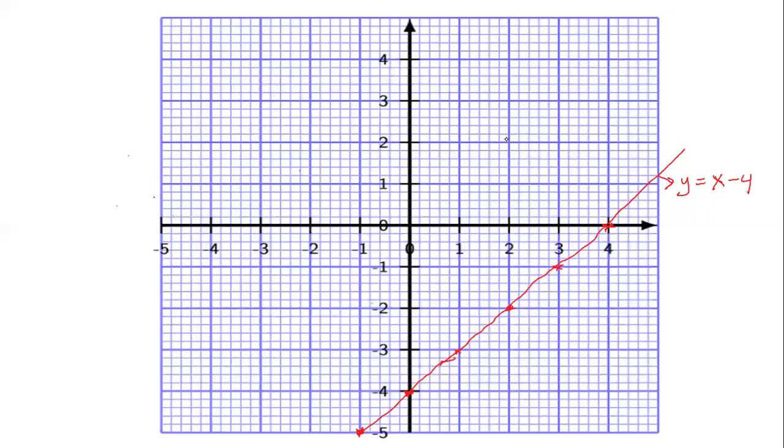Yes, Grace? Grace, unmute. I've got it. Okay. Excuse me, sir. Teacher, are we using the coordinates in the table to plot the graph?